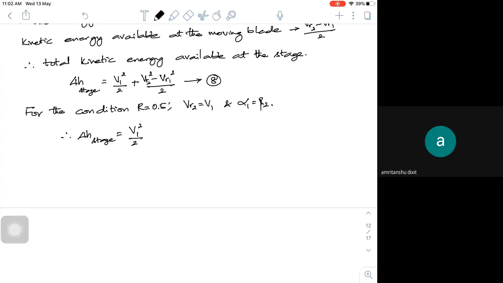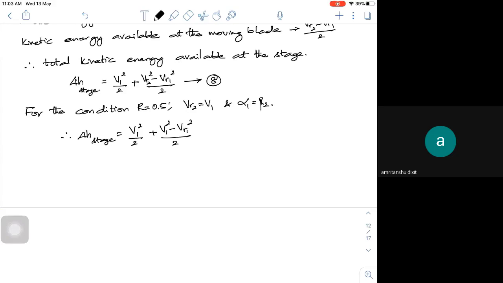I will write VR2 square as V1 square. So in that case it will be V1 square by 2 plus V1 square minus VR1 square by 2. I can write it like this.